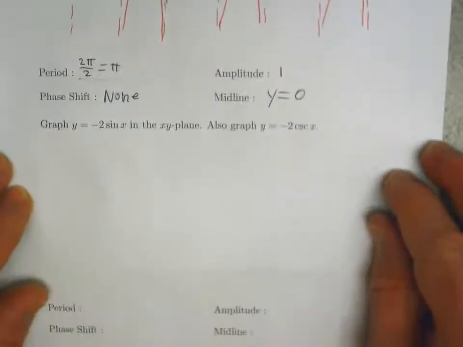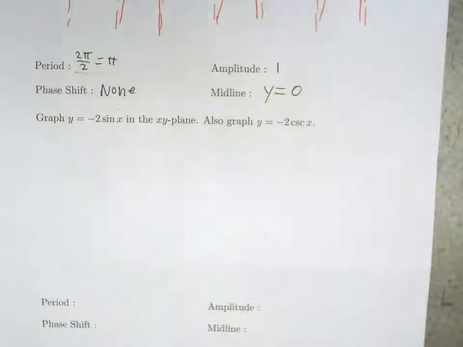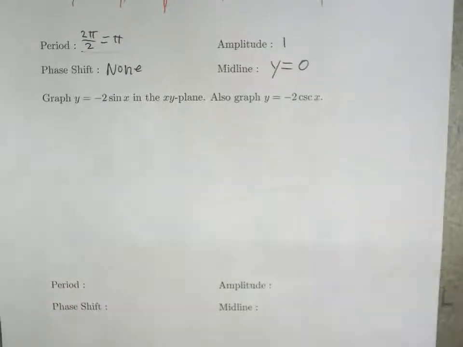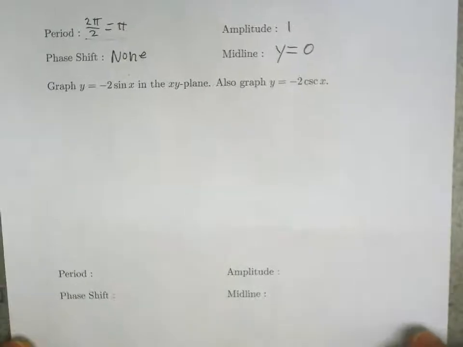Okay, next example. On this one, y equals negative 2 sine of x. Graph that and also graph its reciprocal.